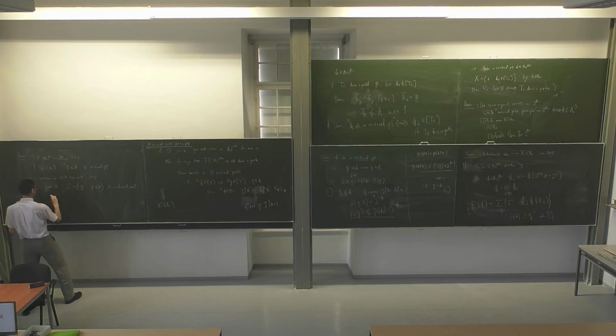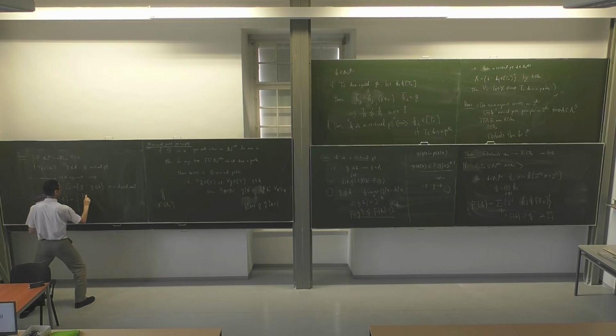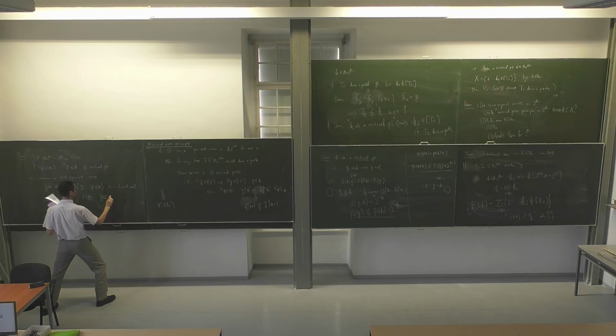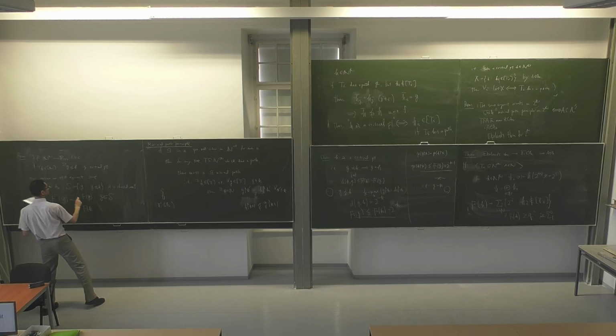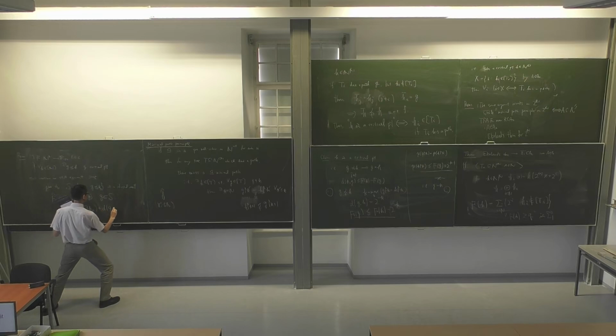Then we define f tilde as a new potential function: f tilde of g is f of g if g is in S, and otherwise f of h0 plus the distance between g and h0.